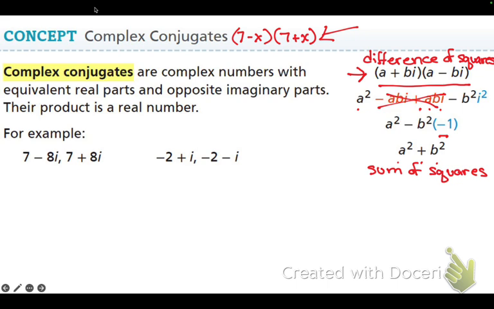So if I told you 6 minus 5i was one factor, what has to be the other factor? 6 plus 5i. These always come in conjugate pairs. They never come by themselves when we're solving, like when we're finding solutions. And that's where we're going to get to eventually. Not today, but we will get there eventually.